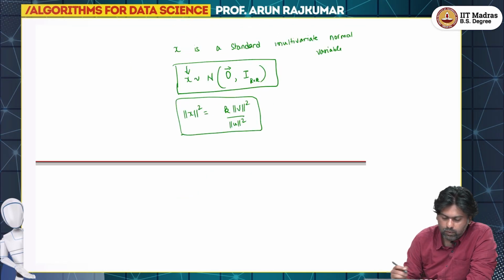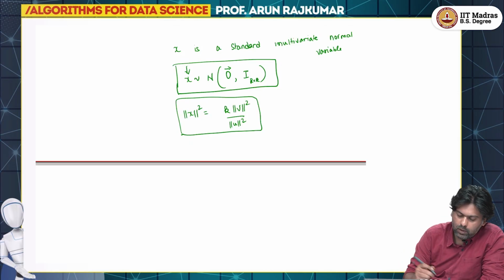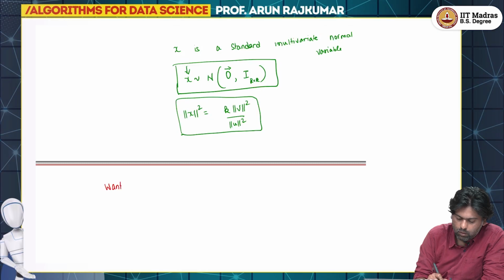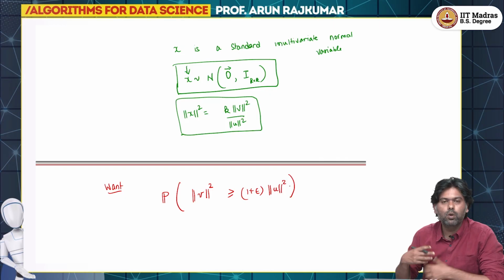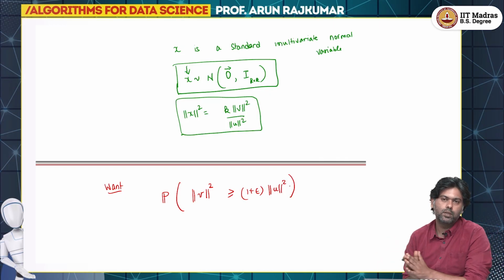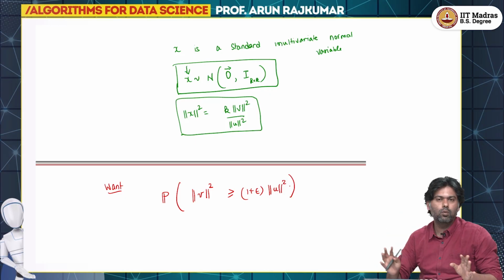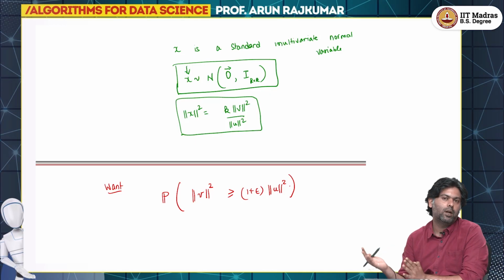Now, what did we want really? Let us go back and ask what we really wanted. We want a hold on the probability that, after I do the mapping from u to v, the bad event happens. I somehow want to hope that the chance that a bad event happens is small, which means that with small probability something can go wrong, but most of the time the length is preserved up to a factor of 1 plus epsilon.